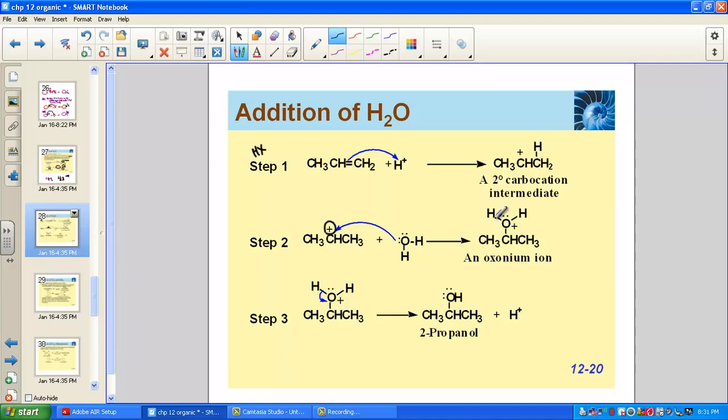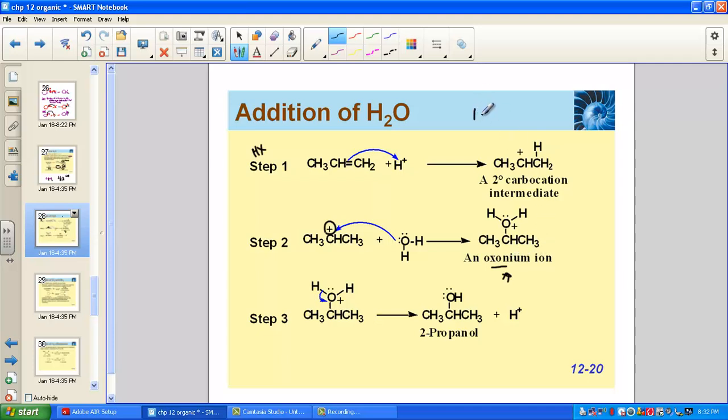So step 2, that carbocation intermediate completes its valence shell by forming a new covalent bond with an unshared pair of electrons on the oxygen atom, giving what's called an oxonium ion. That might be a brand new word for us.